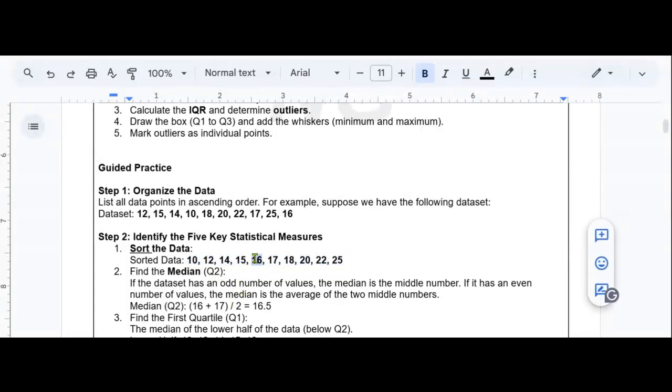Oh, it's not 16, right? 16 in the middle? 17. No, 16 is not in the middle. It's 16 and 17, they are in the middle. So you have to add both of them and divide by 2. So when you add both of them and divide by 2, what do you get? So the number is going to be in the middle here.